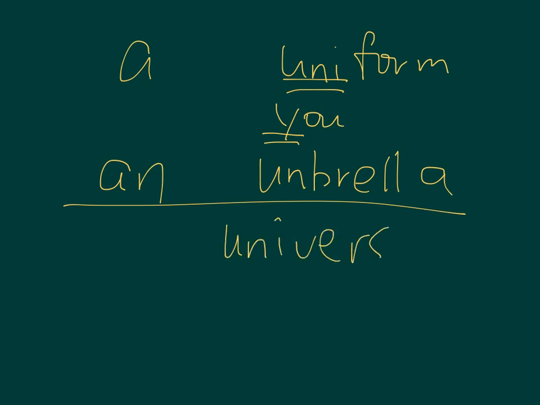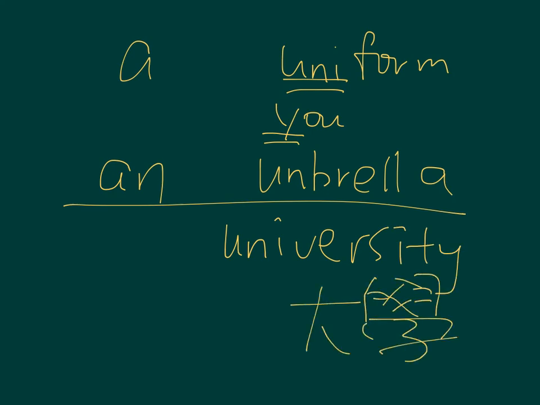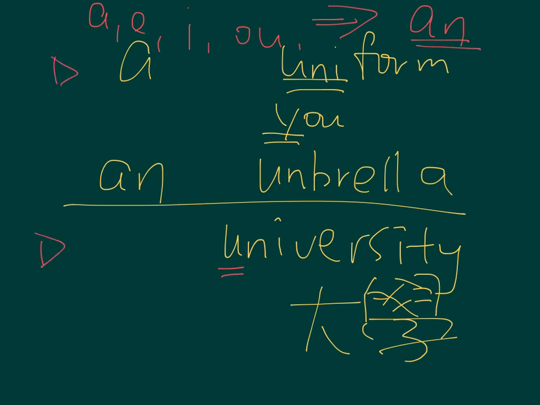Do you know what is the meaning of university? University means 大學. Okay? We have a letter U here, right? As the rule of thumb, we have A, E, I, O, U, then in most cases we would use an, right? But some exceptions like this and this, we will use a.